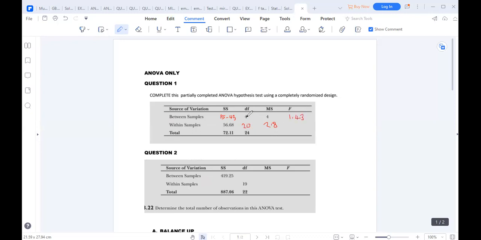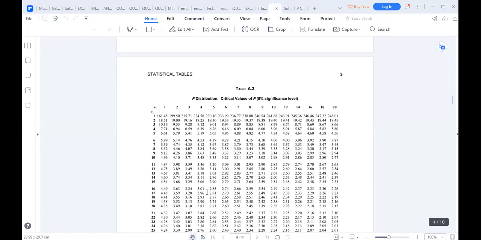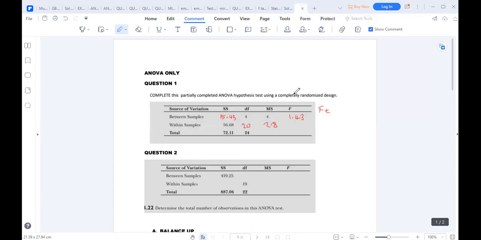If you're asked to test this at 5%, to test whether it's significant, you read this under 4.20. So from the table, we read 4.20, and the F calculated is 2.87. What is our conclusion there?